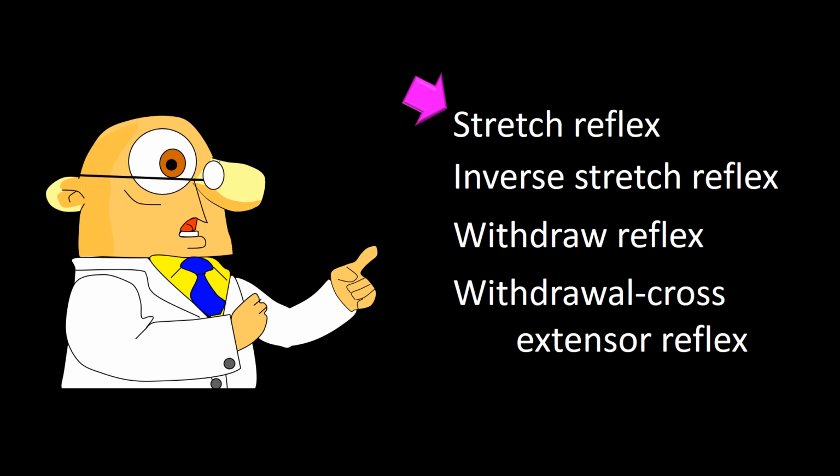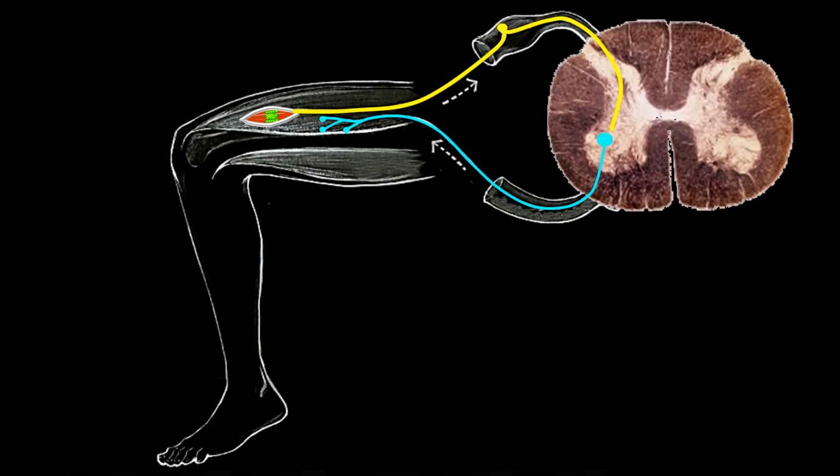We will first talk about the stretch reflex. We will use this figure to illustrate a classic stretch reflex, the knee-jerk reflex. This is the quadriceps. This is a muscle spindle. The sensory fiber traveling in the femoral nerve from the muscle spindle enters the spine and goes directly to the anterior horn.